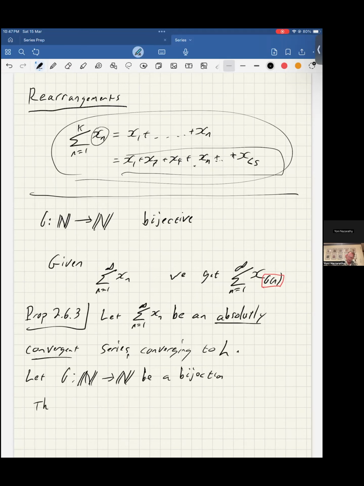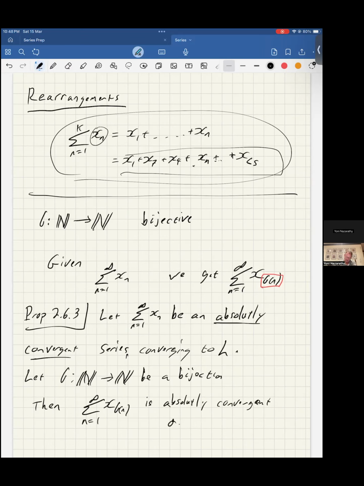Then the rearranged series with that bijection, whichever bijection you would like, whichever rearrangement you would like, as long as you've got all the terms in there but in a different order, is absolutely convergent as well, and converges to L.